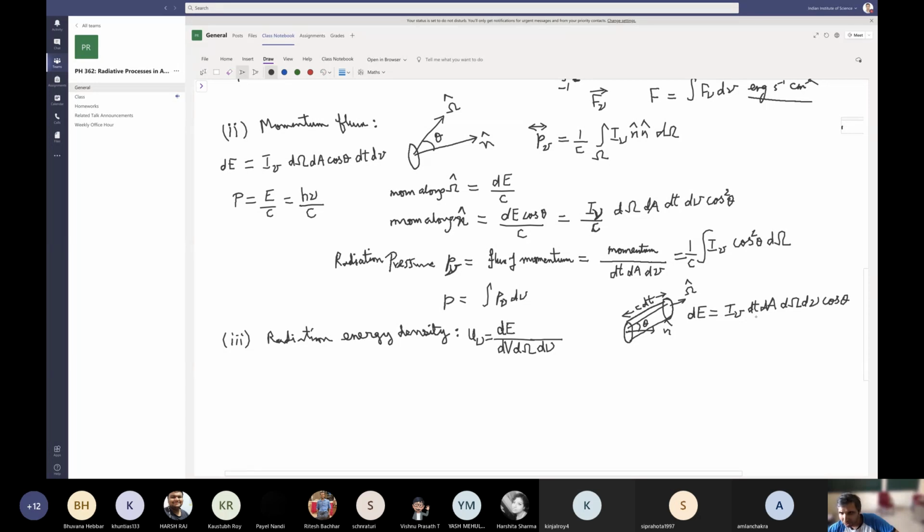Now, if we multiply and divide this by c, so now this c dt times dA times cos theta is nothing but the volume of this cylinder in which photons travel in time dt, right?